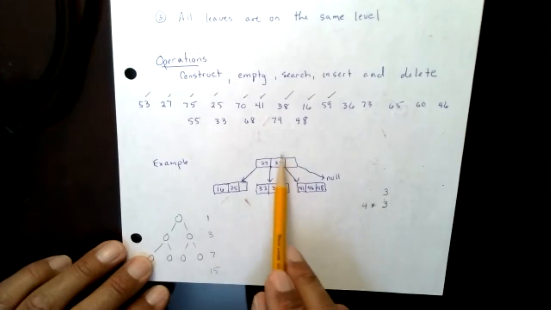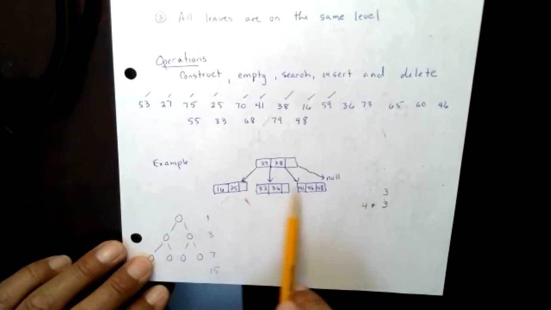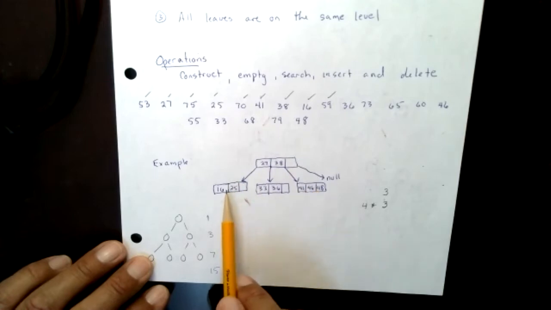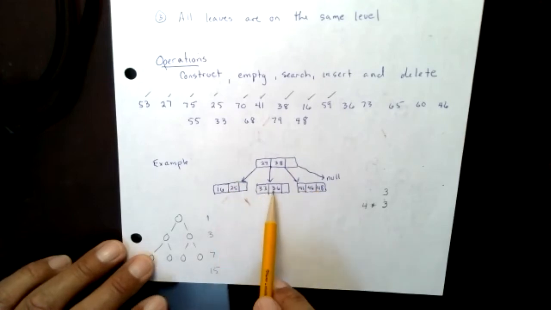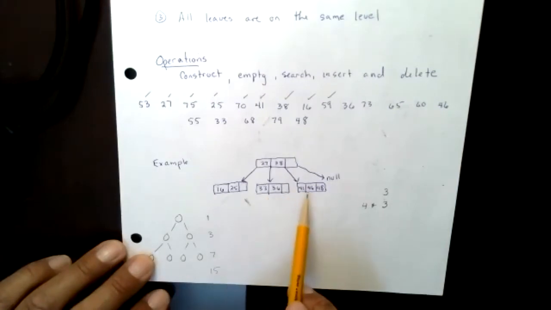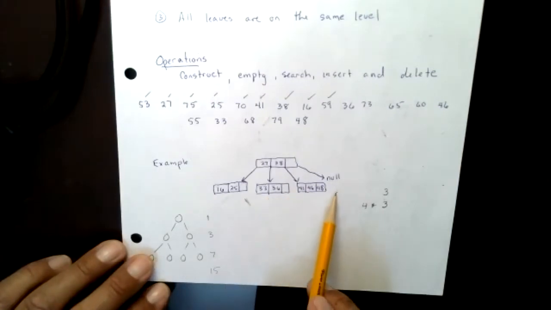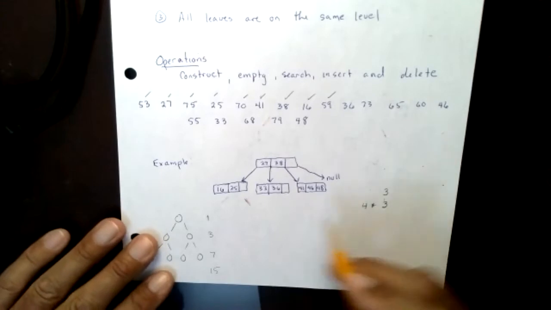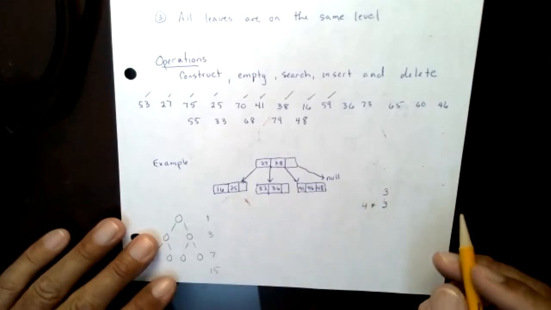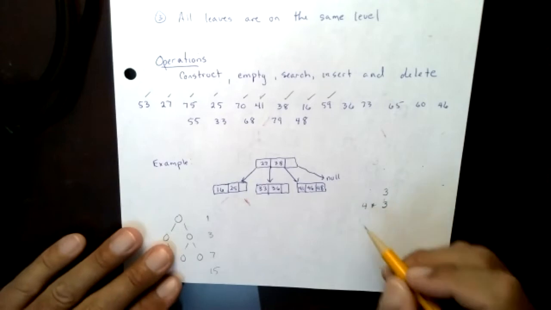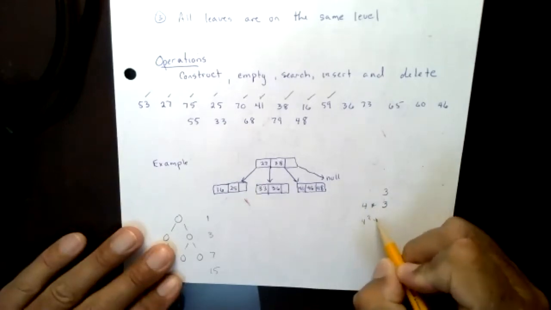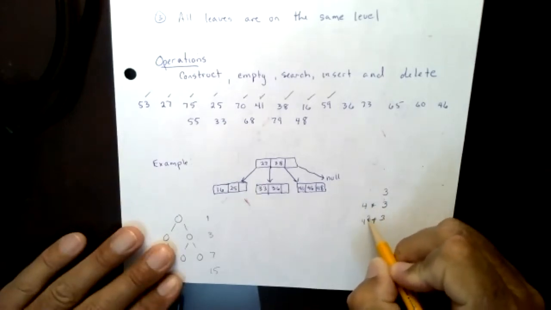Out of this, just like up top, out of him came 4 times 3. So out of this one will come a 4 times 3. Out of this one, a 4 times 3. And this one, and this one. So how many 4 times 3 did I have? 4 of them. So now I'm looking at 4 squared times 3.